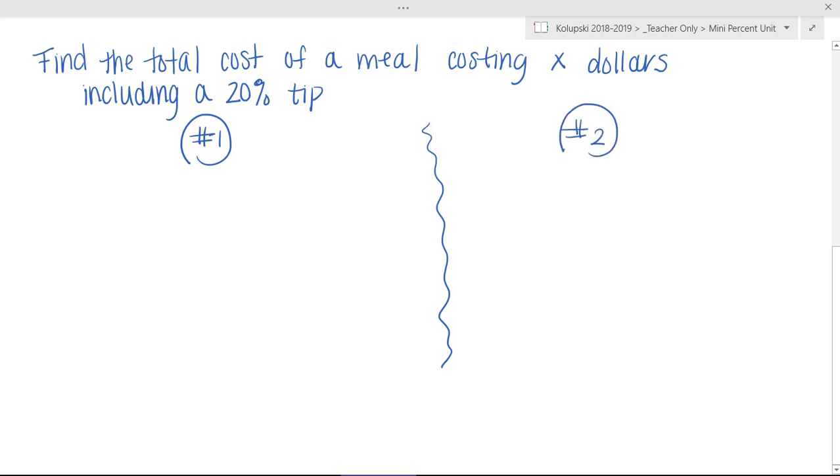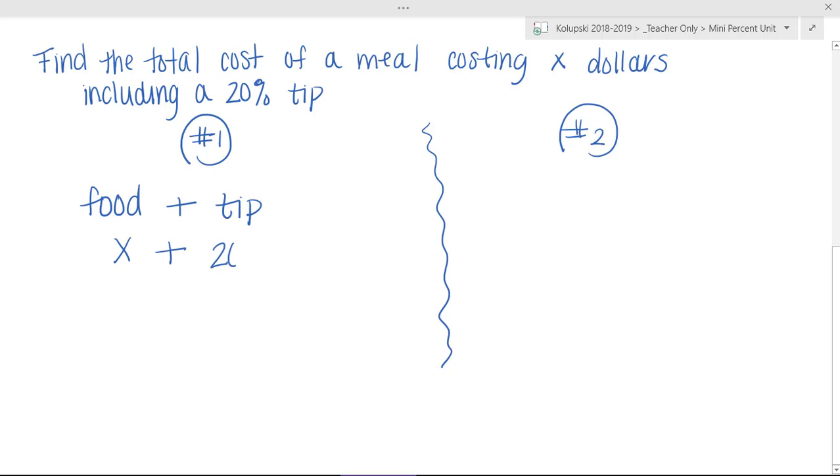The first thing, we have to figure out what we're buying. In this problem, we are going to have the food, but we're also going to include that there's a tip. So my total value should be much greater than the food because I have this additional tip value. The food from the problem is going to cost x dollars, and we're adding the tip.